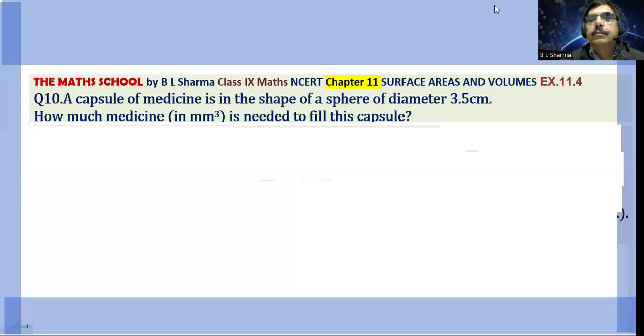The last question. A capsule of medicine is in the shape of a sphere of diameter 3.5 millimeter. How much medicine in millimeter cube, meaning volume, is needed to fill this capsule?